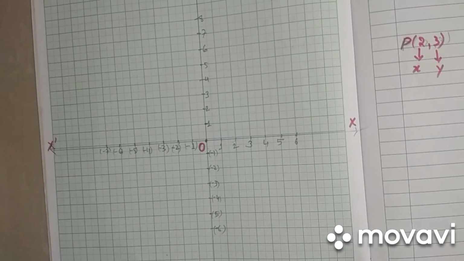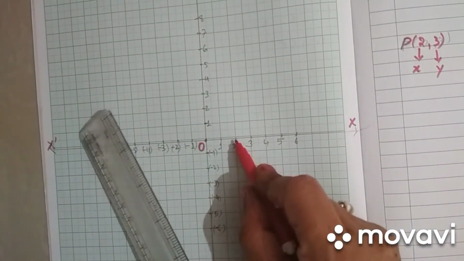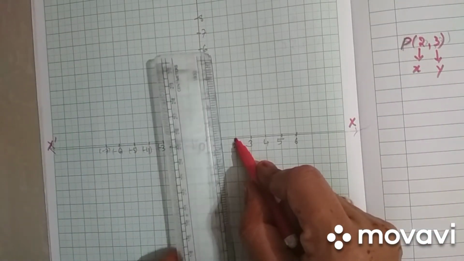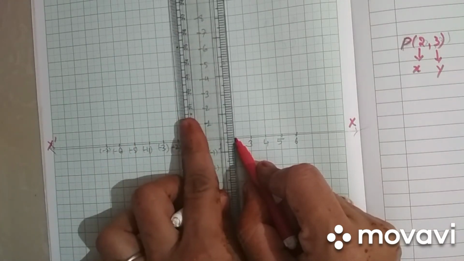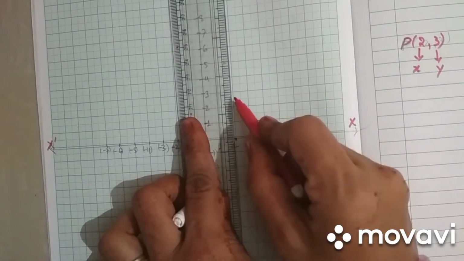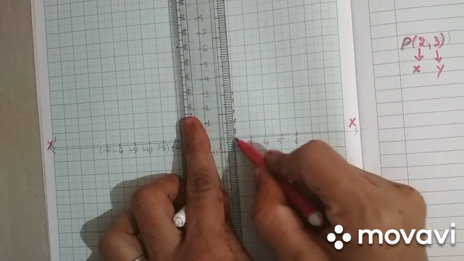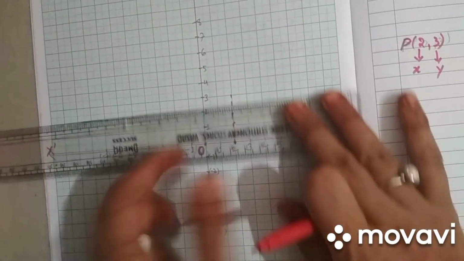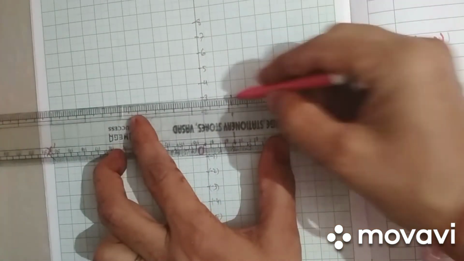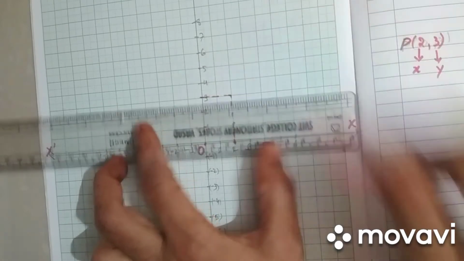Now let us understand how we will do it. So on the x axis, 2 falls here. So I am drawing a line. How much? y is 3, till that I will draw a line. Same way I need y 3, so draw from that point on the y.